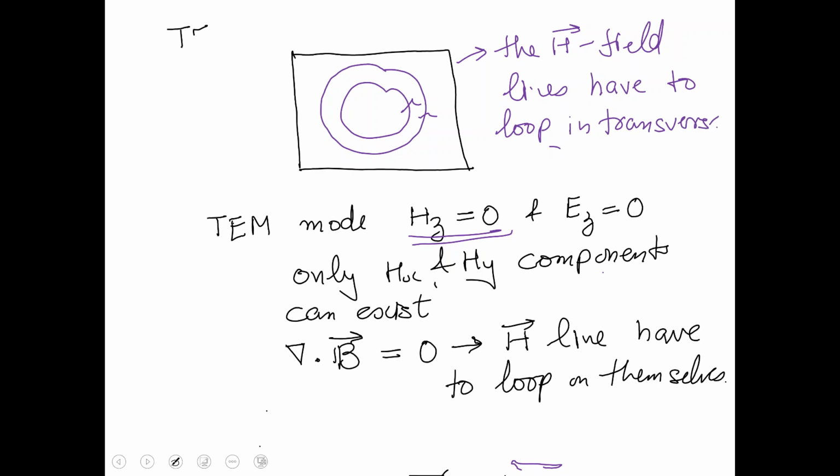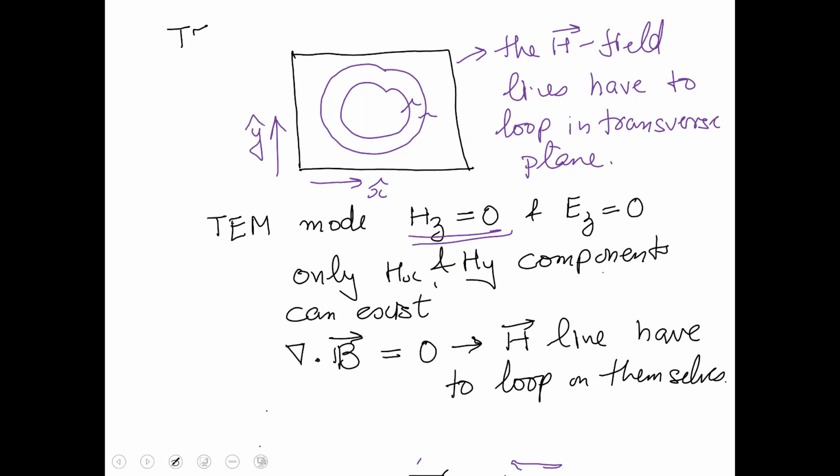There's no other option available. They can't loop in the Z plane, so they have to loop in the transverse plane, in the XY plane, this being X and this being Y.